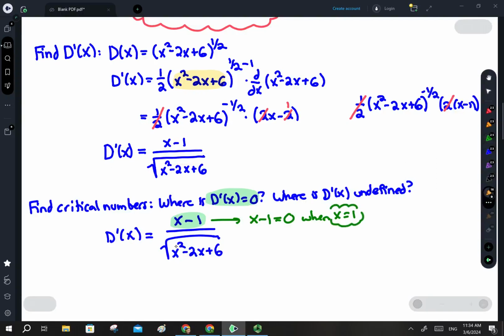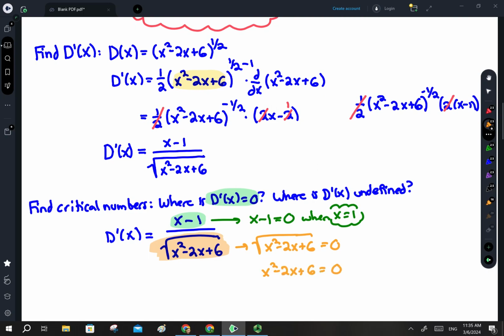To determine where a fraction is undefined, we need to look to see where the denominator is equal to 0. So the square root of x squared minus 2x plus 6 will equal 0 when x squared minus 2x plus 6 equals 0. I don't think that I can factor that, so instead I would use the quadratic formula.